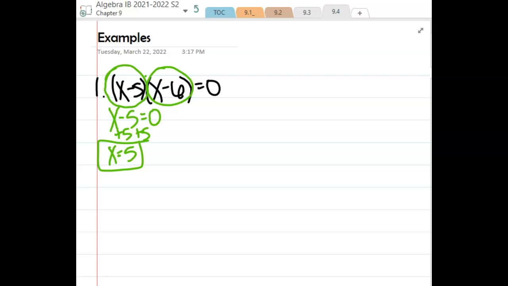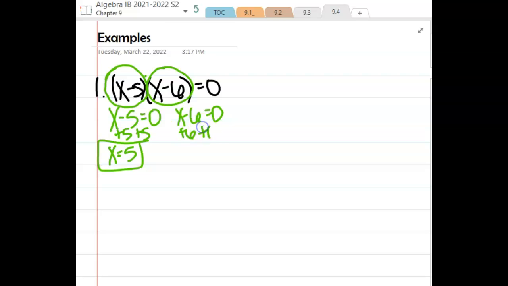But that's not the only way this could be true, right? Because what if x minus 5 is 8 billion? If this is 8 billion, what would I need to multiply by to get 0? 0. So then if that's the case, x minus 6 would need to be 0. One of them has to be 0.